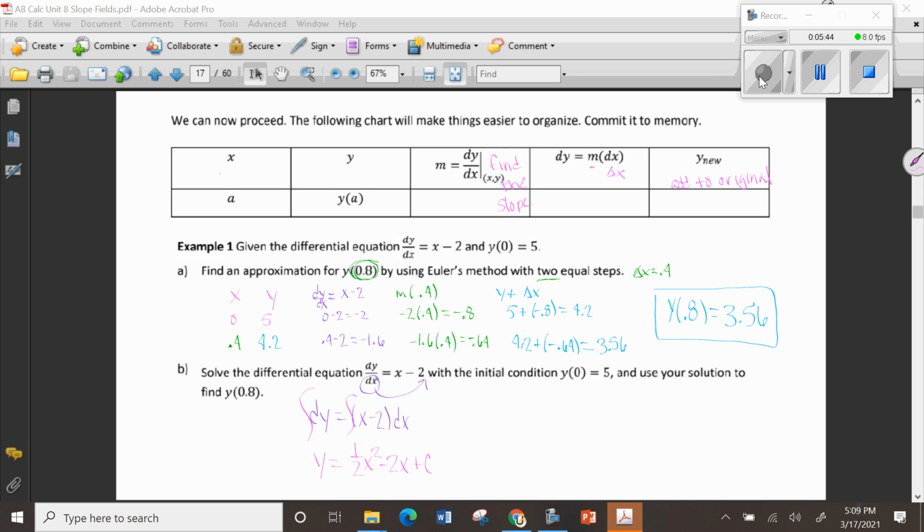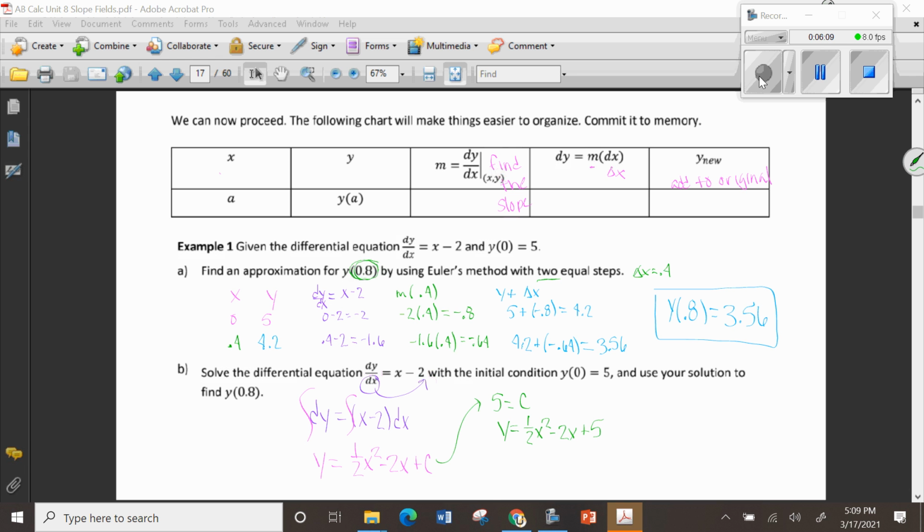We have this initial condition 0, 5, so we're going to solve for 0, 5. I'm going to say 5 equals, with x being 0, x squared minus 2 times 0, so that's all 0. So 5 is going to equal c. My equation is y equals 1/2 x squared minus 2x plus 5.